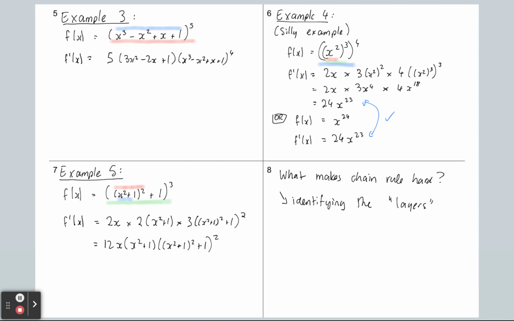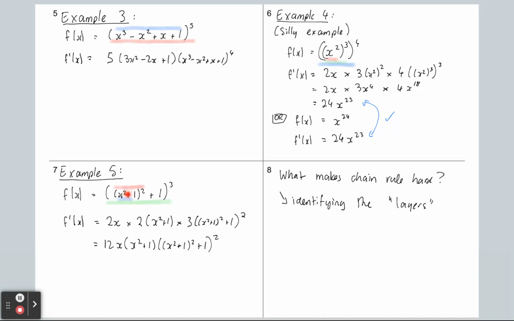So it's using the power rule mostly in these examples here, but the chain rule allows us to attack little bits of our problem in order to unpack it all fully. So I don't think the chain rule is that hard to do, except what I've got there in that slide 8 there. It's identifying those layers. It's about seeing that layer 1 is x squared, layer 2 is x squared cubed, and layer 3 is x squared cubed to the power of 4.